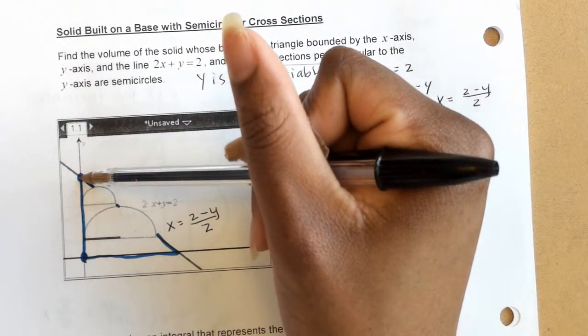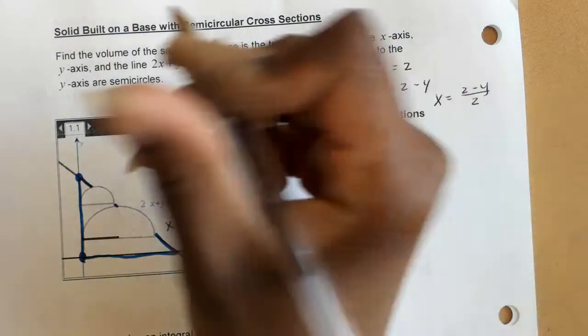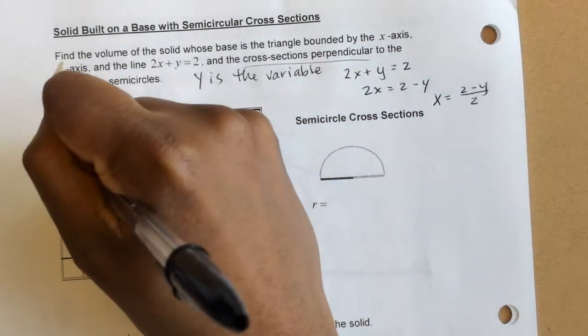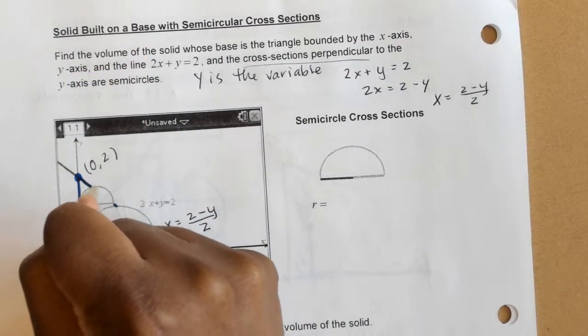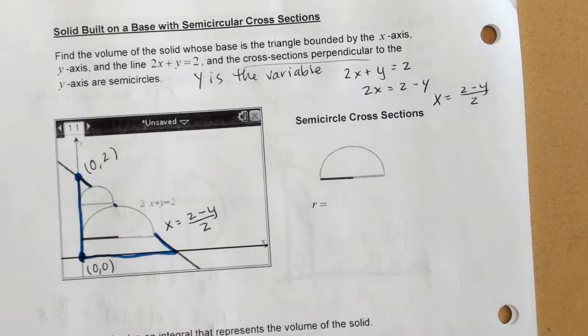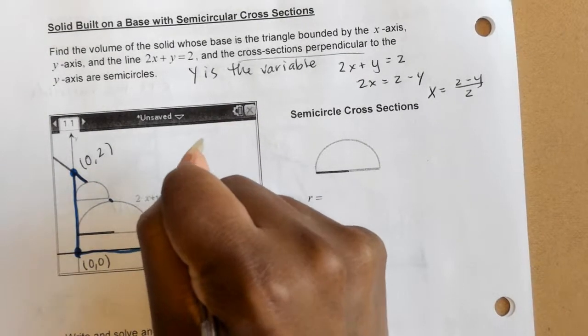So up here we know the y-intercept of this line is going to happen at 2. So this is (0, 2), and down here, this is (0, 0). And the x-intercept happens at (1, 0).